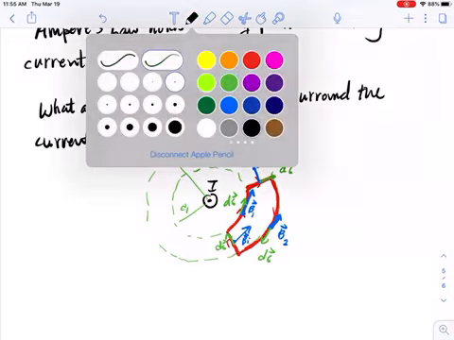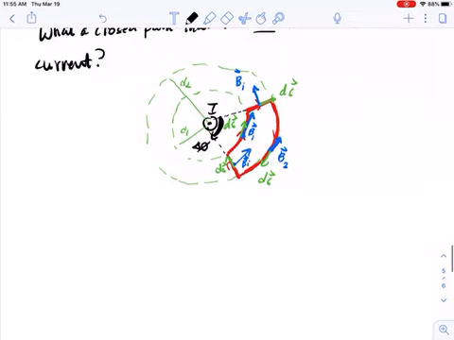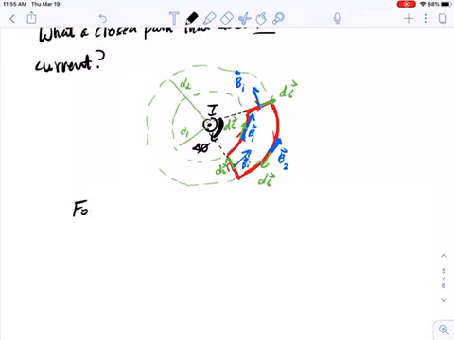Let's label one angle here. This is going to be a little bit easier than the other one. We'll say that this angle is, say, delta phi. For the inner circular path, we don't have to redo all these calculations.